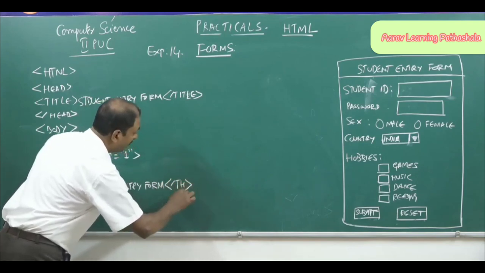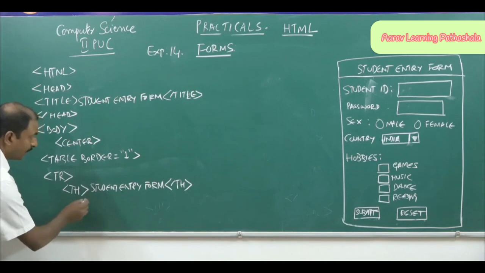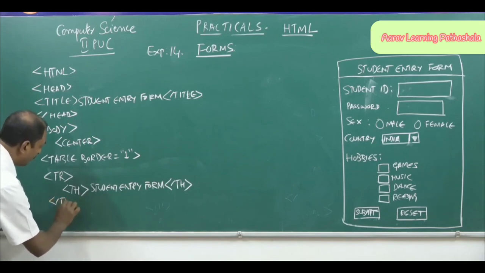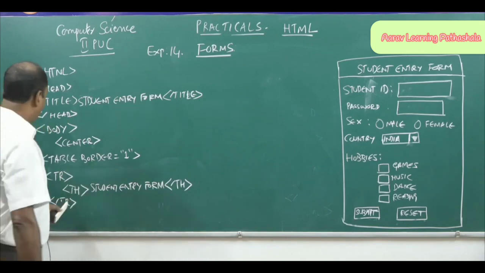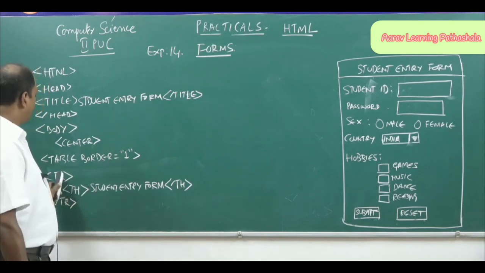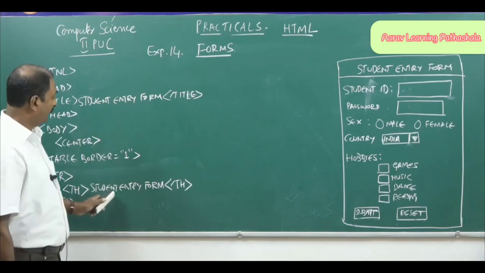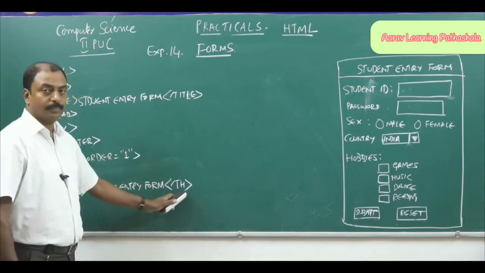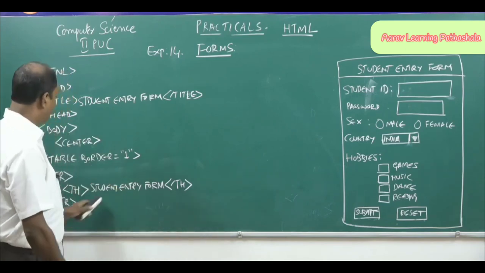Now we have to close the TR tag. This is the first row of your table, which displays student entry form. Next we'll continue with the rest of the data.